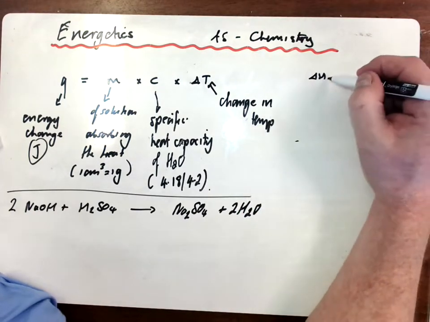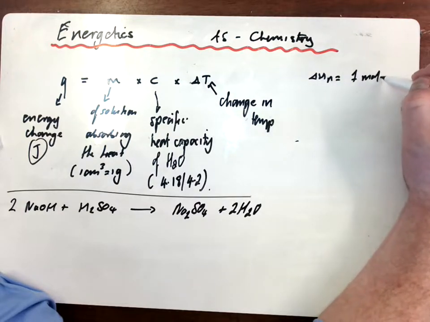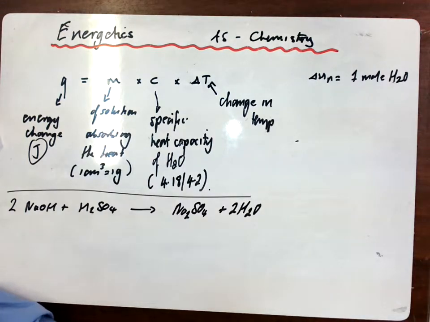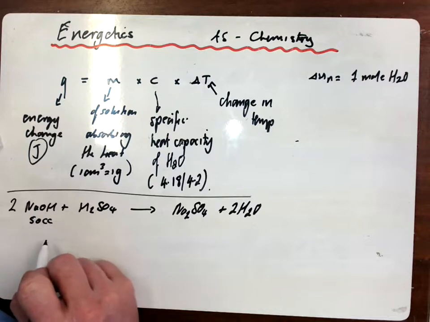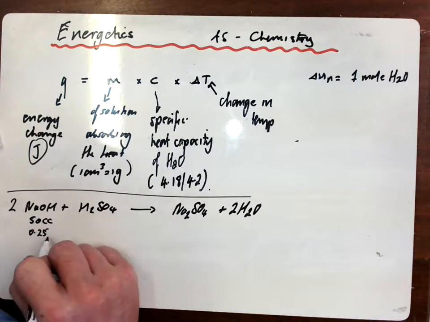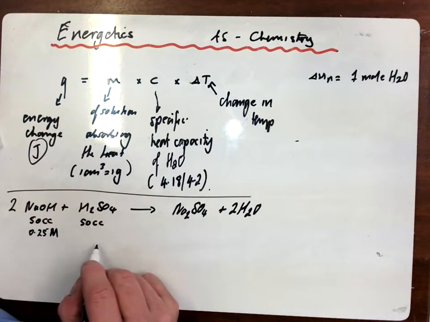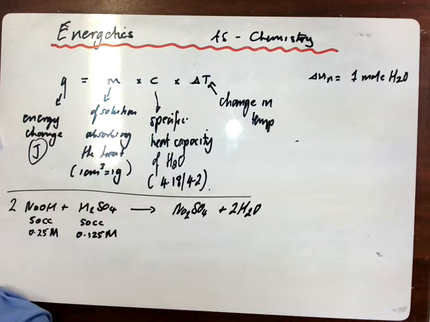when an acid and an alkali react together to make 1 mole, and I'll just write part of it out here, to make 1 mole of water. So let's say the examiner says we've got 50 cc's of sodium hydroxide at 0.25 molarity, and we've got 50 cc's of sulfuric acid at 0.125 molarity.